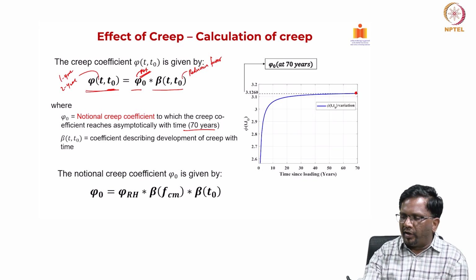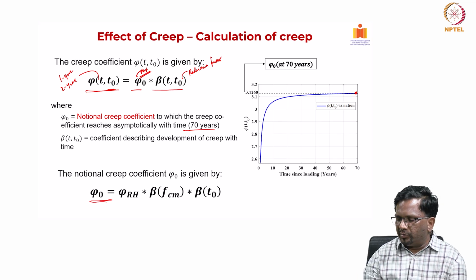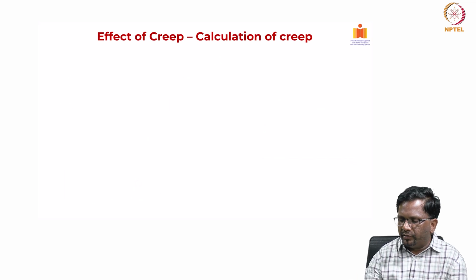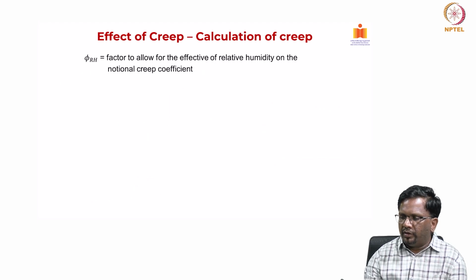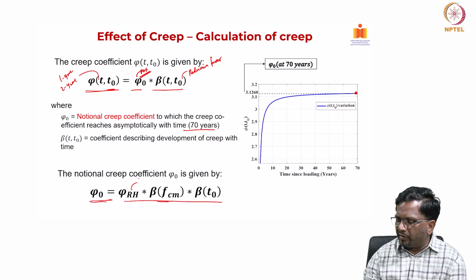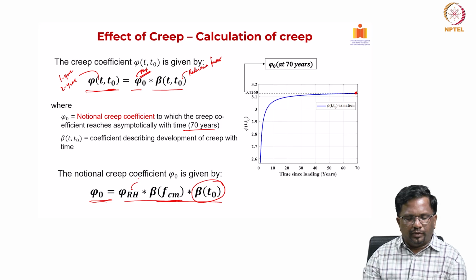Now, how to calculate that notional coefficient: again, there are three factors. The factor that accounts for humidity, the factor that accounts for concrete strength, and the time of loading. So, these are the three factors.